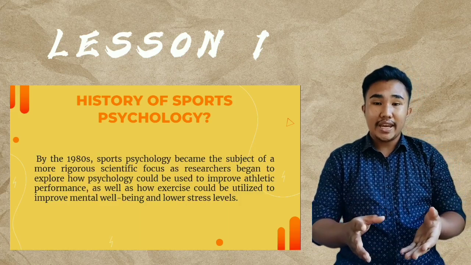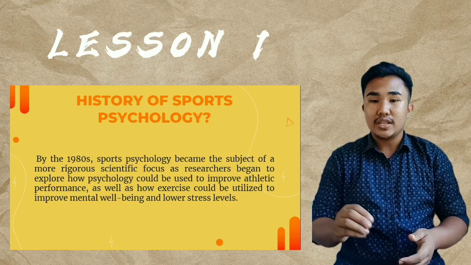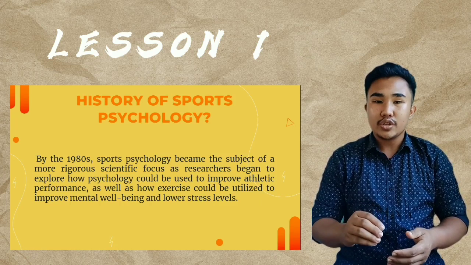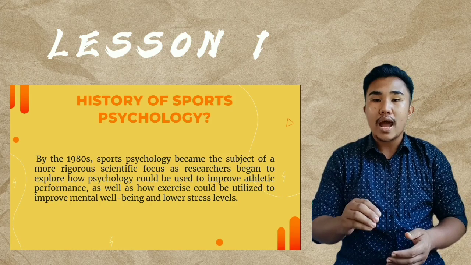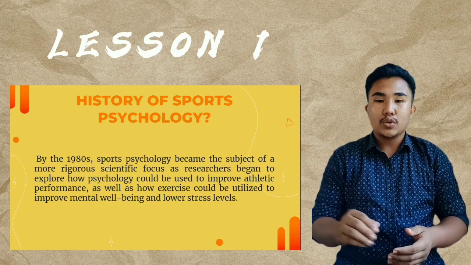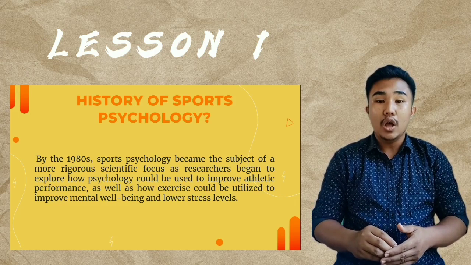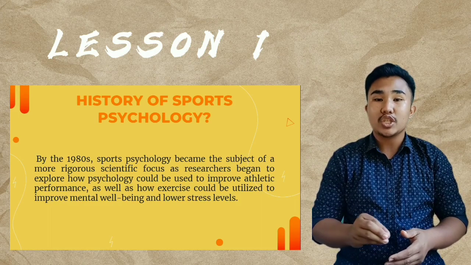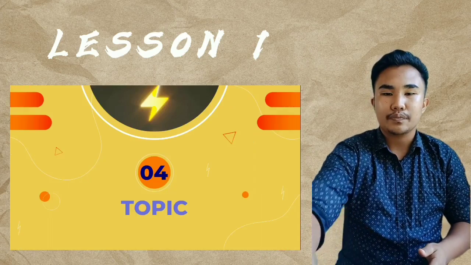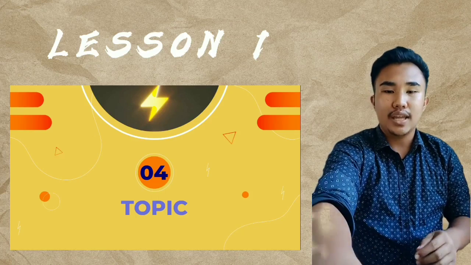By the 1980s, sports psychology became the subject of a more rigorous scientific focus as researchers began to explore how psychology could be used to improve athletic performance, as well as how exercise could be utilized to improve mental well-being and lower stress levels. So now let's go to the topics being tackled in sports psychology.